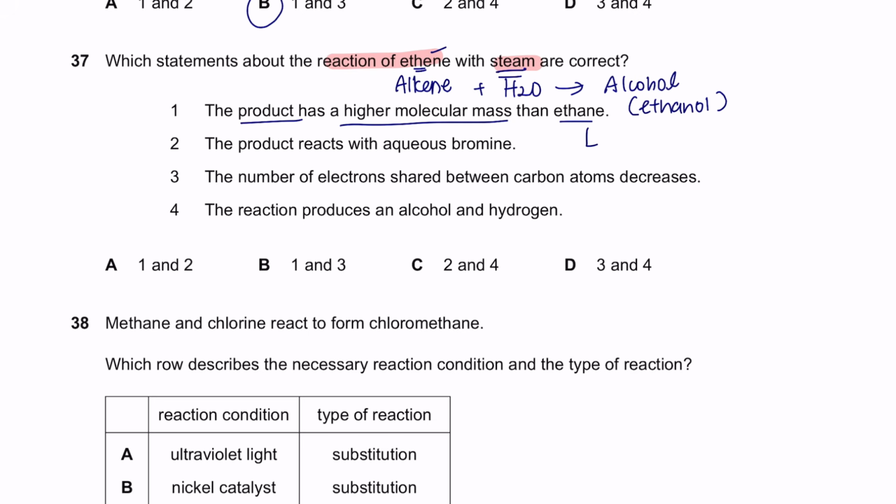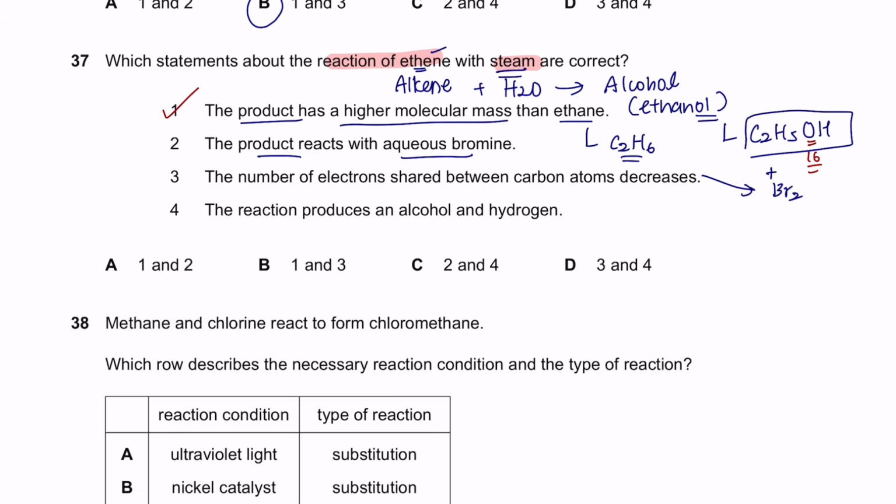So ethane is C2H6, whereas the product is ethanol, that means it's C2H5 and OH. It has an extra oxygen which is heavier, so yes, this statement is correct. The product reacts with aqueous bromine. This is the product. No, it does not react with aqueous bromine. Alkenes will react with aqueous bromine. So since option 2 is wrong, we can cancel out A and C.